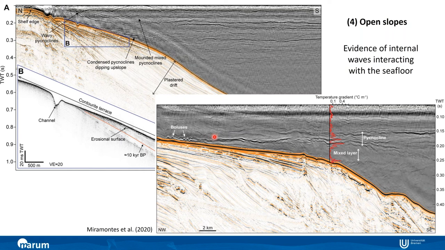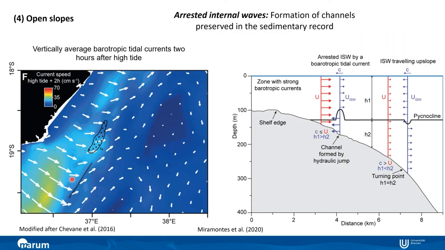Then the question is why, particularly at this location, we have such a linear channel. So we also have some numerical modeling of barotropic currents in the area. And here you have the results, and particularly after high tide, barotropic currents mainly flow offshore. And here you have the location of the channel.